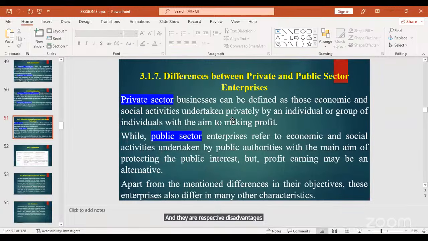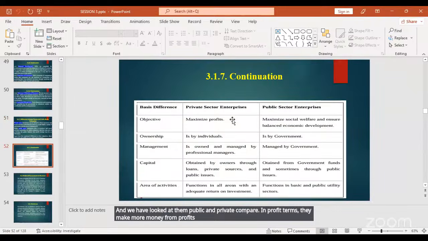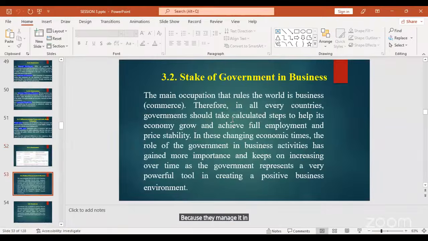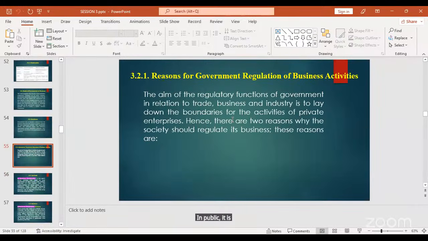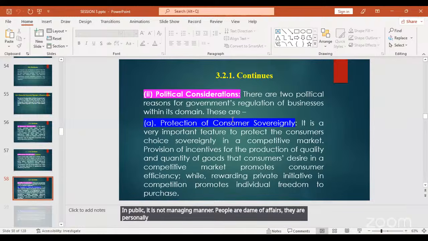And we have looked at them, public and private compared. In profit terms, they make more money from private because they manage it in the most prudent way. In public, it is not managed in a prudent manner. People at the end of affairs are personally involved, and they can get rich by themselves.